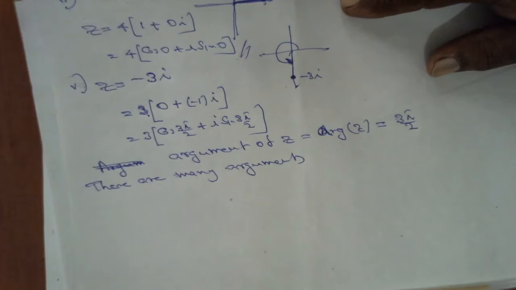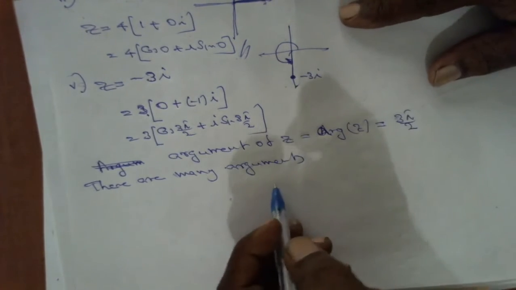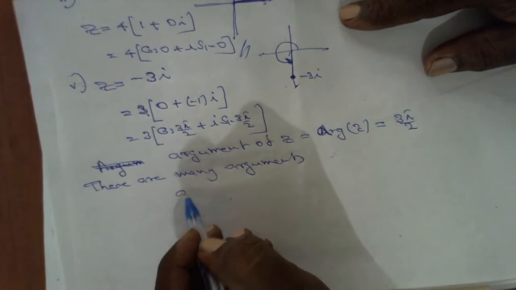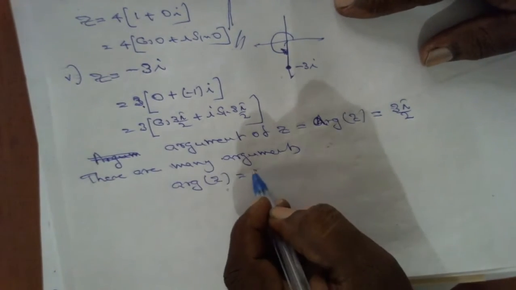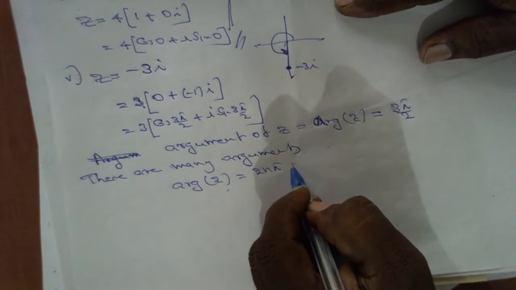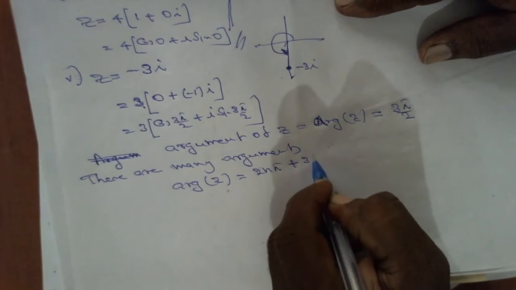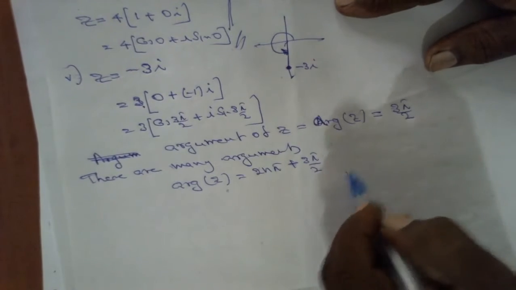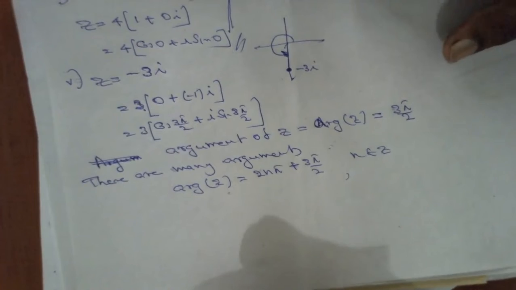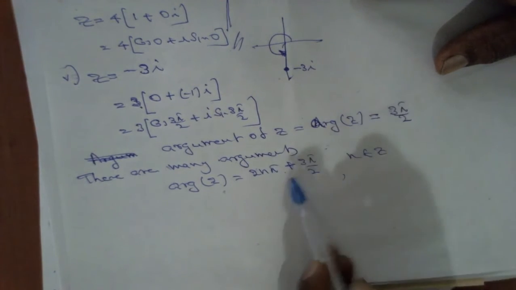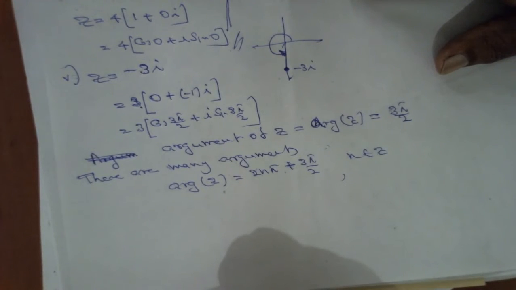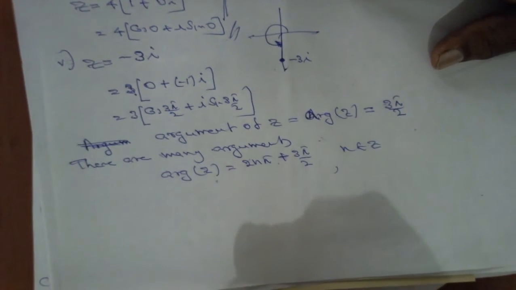Many arguments means arg z equals 2n pi plus 3 pi by 2, where n belongs to Z. All coterminal angles of 3 pi by 2 are arguments. Many arguments.